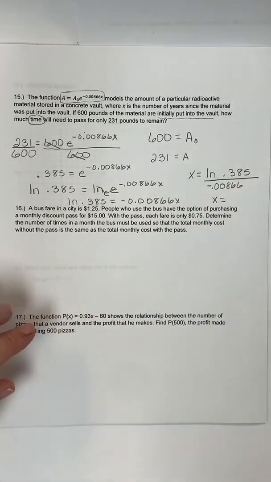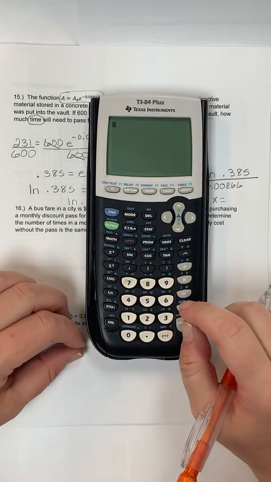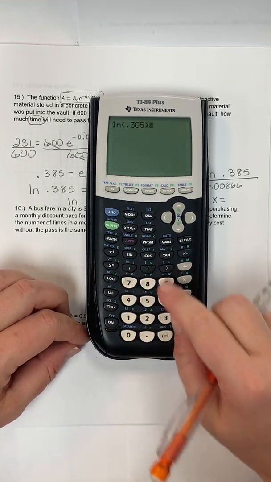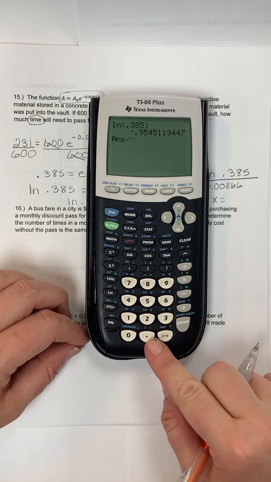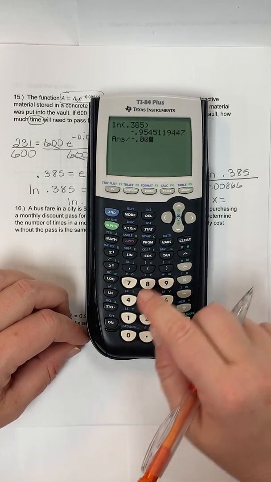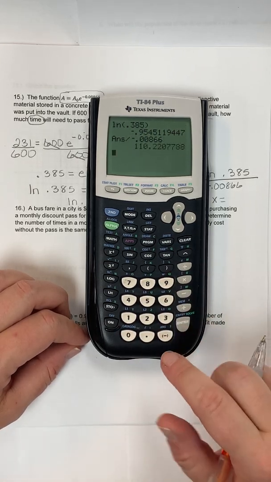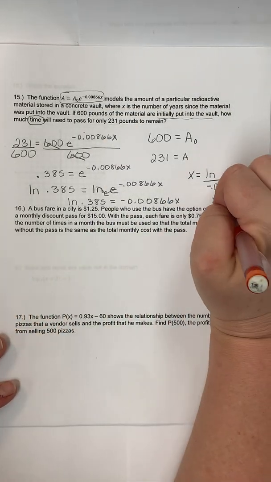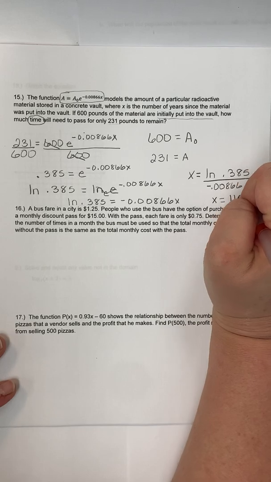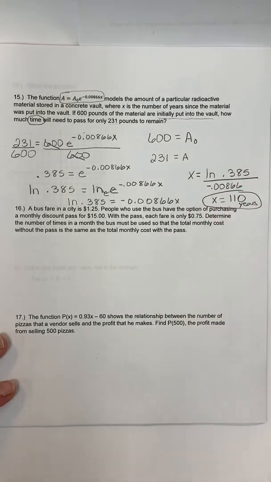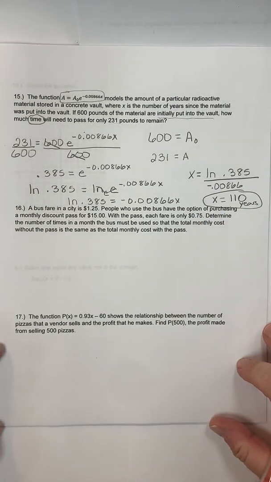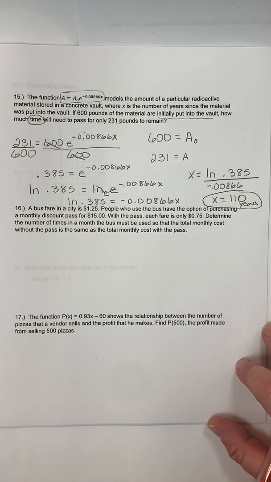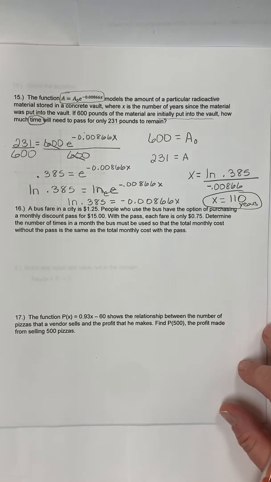Put that into my calculator. I'm going to have the ln of 0.385 divided by negative 0.00866. I'm going to round, and I'm looking at 110 years. That's my answer. Okay, so we did a problem very similar to this in section 4.5, but this is just a little reminder to you.